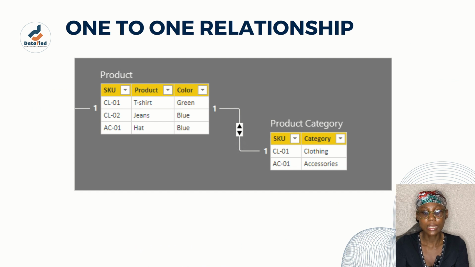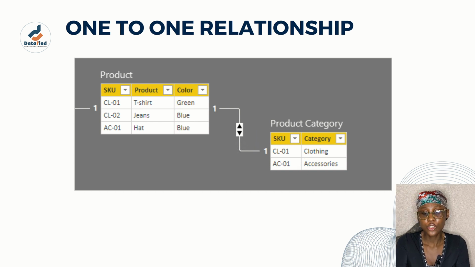The first one is the one-to-one relationship. In a one-to-one relationship, we always have a fact table and a dimension table. The fact table is linked to the dimension table in a one-to-one relationship when one record from the fact table is matched to one record from the dimension table.